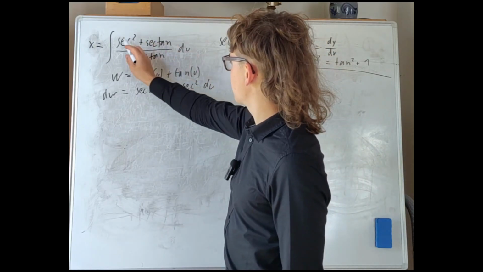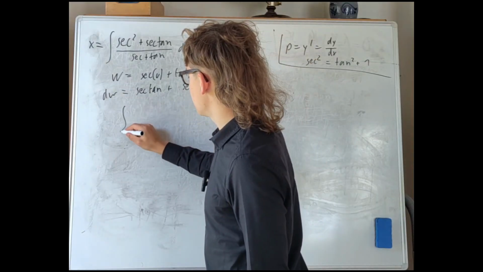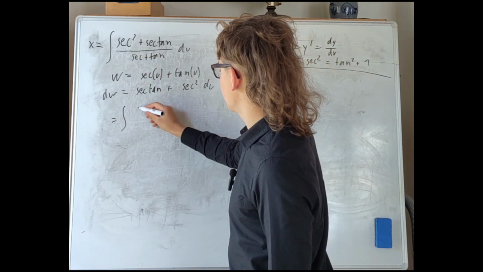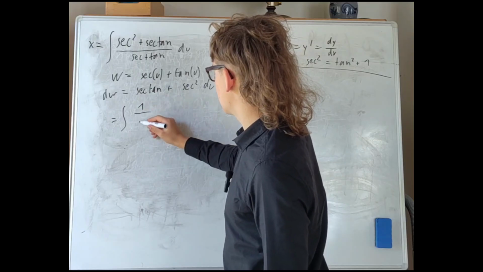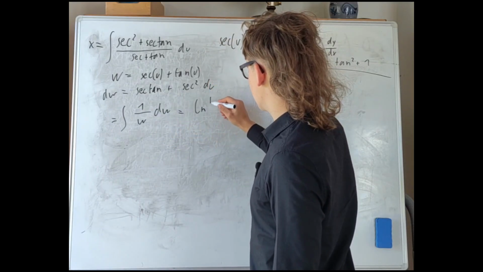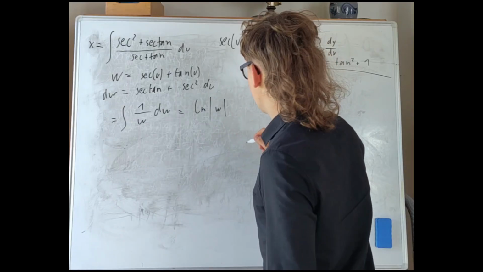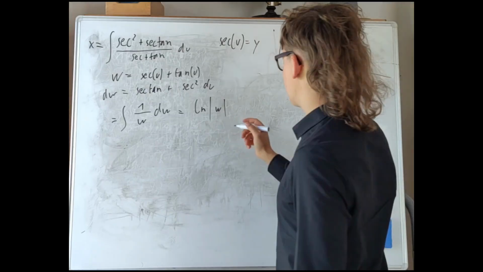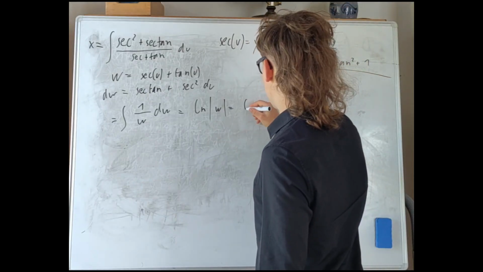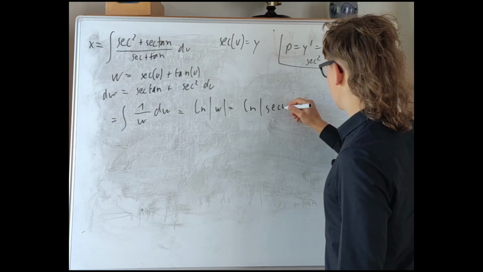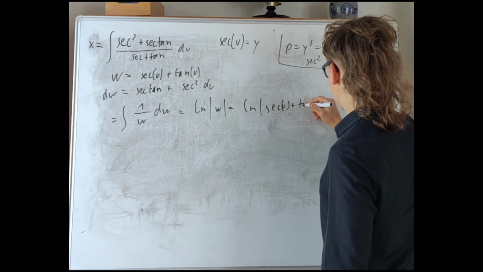But that's just all of the stuff we got up here. So the new integral will be equal to 1 over w dw, which is just equal to ln absolute value of w. And w is secant plus tangent, so this is equal to ln of secant u plus tangent u.